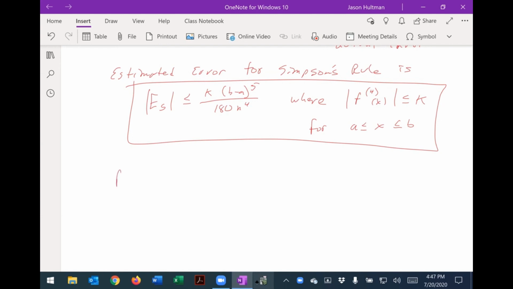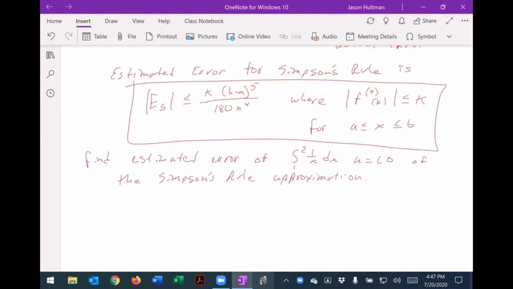Find the estimated error of the integral from 1 to 2 of 1 over x dx, for n equal to 10 this time, of the Simpson's rule approximation.